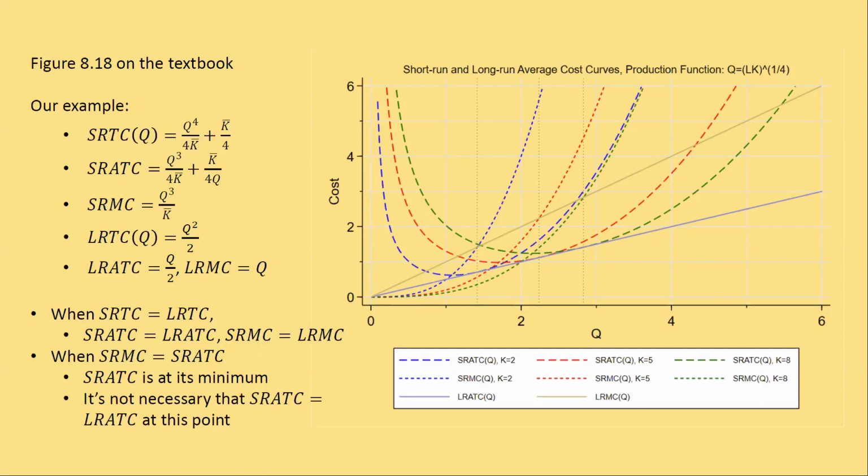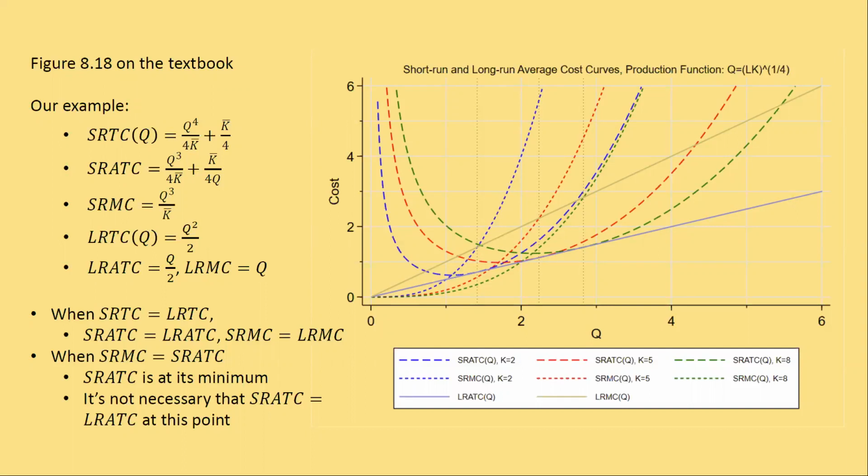And the red dashed line is the short run marginal cost when k equals 5. And lastly, the green one corresponds to k equals 8. And I've also drawn two other lines, which are the solid lines, the long run ATC and the long run MC.